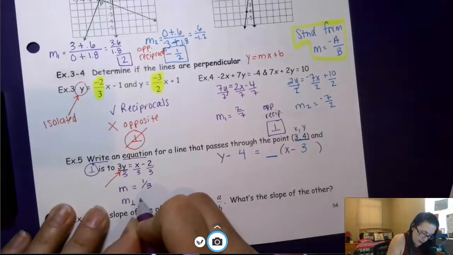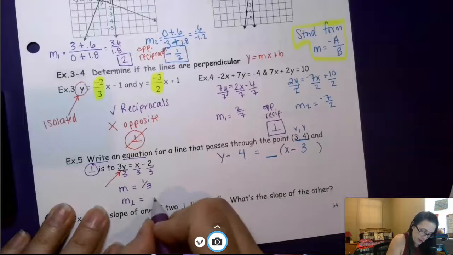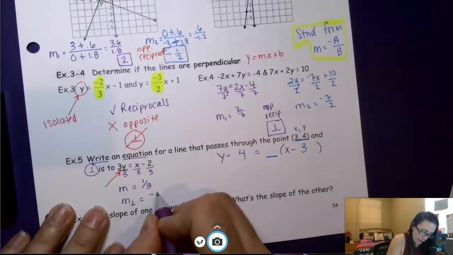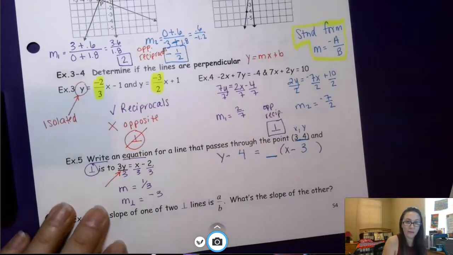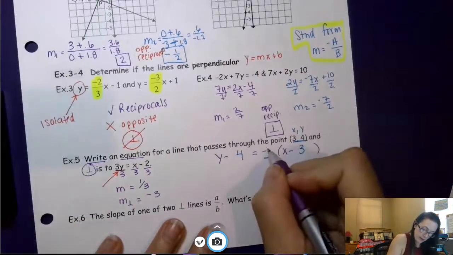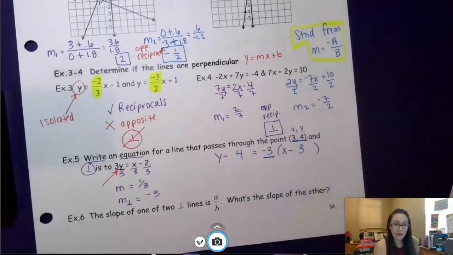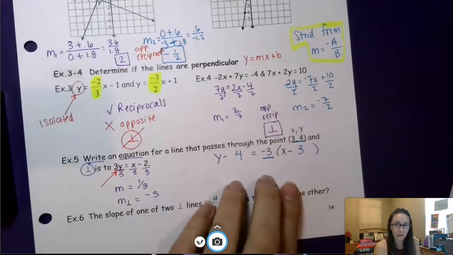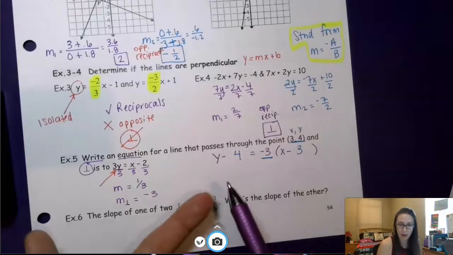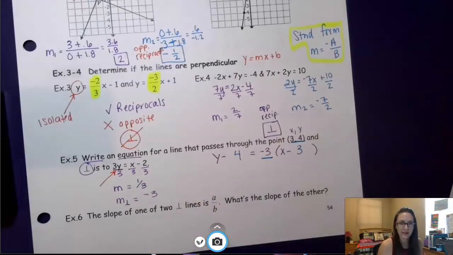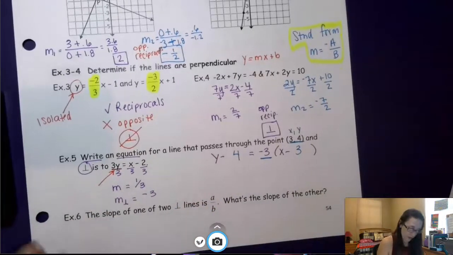So my perpendicular slope is going to be the opposite reciprocal, so negative 3 over 1, or just negative 3. Now, I'm done. All it said was write an equation. Any equation you want of a line, and that's going to be the easiest one, so I'm done. If it told you specifically what equation to write, you could then solve that for y and put it in slope-intercept form, but it doesn't ask you here, so you're done.